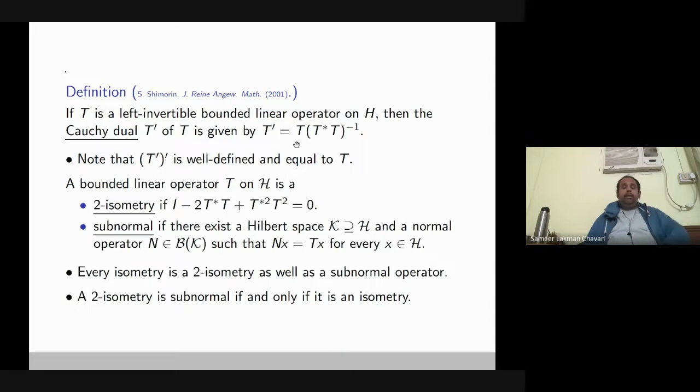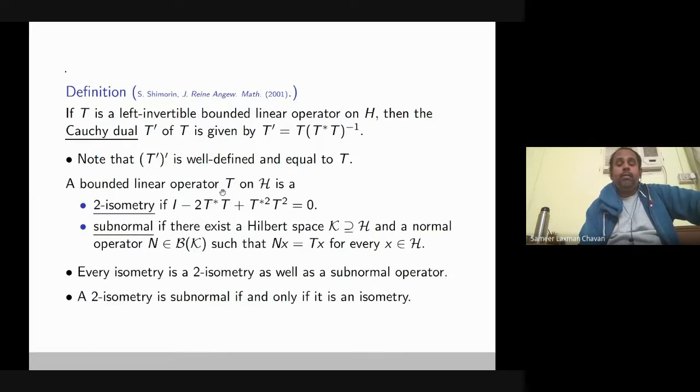So in that sense it is dual, T'' is T. This Cauchy dual has been very influential in various results in function theory and operator theory, and there are many papers on this aspect.